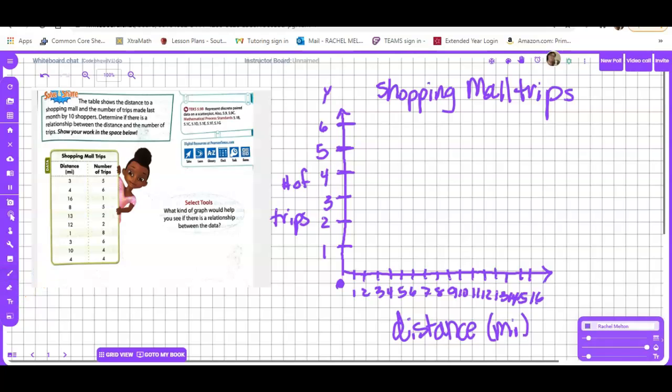Remember, these are my ordered pairs. So that's 3, 5. I go over 3 and I go up 5. As you do it, cross it off. I go over 4 and up 6. I go over 16 and I go up 1.